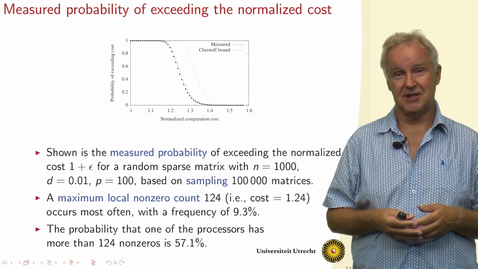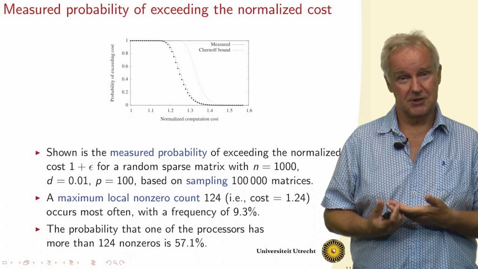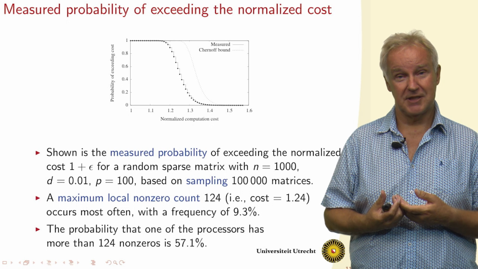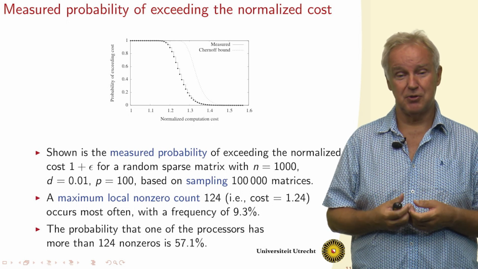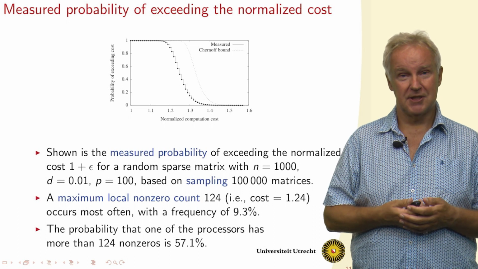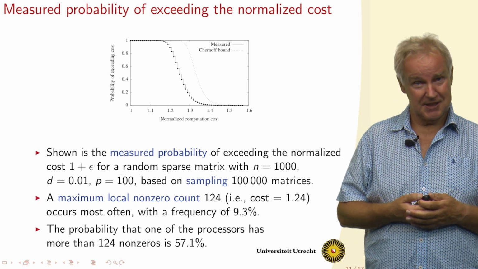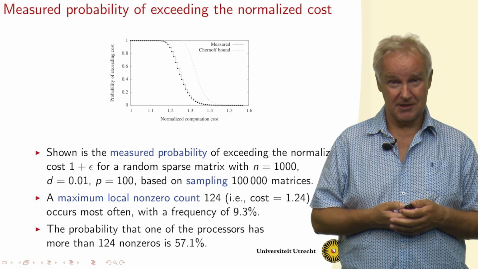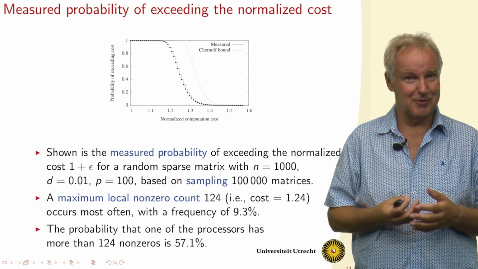So we can see what the normalized cost of a particular matrix with the given distribution is, and we put them in a picture. And then you see that, in general, the situation is better than the bound predicts. Well, that's what it is a bound for.